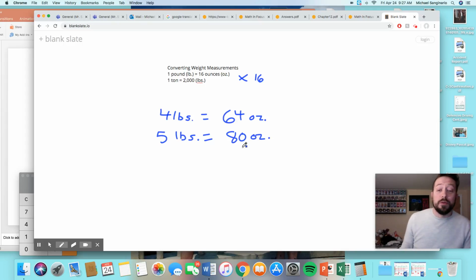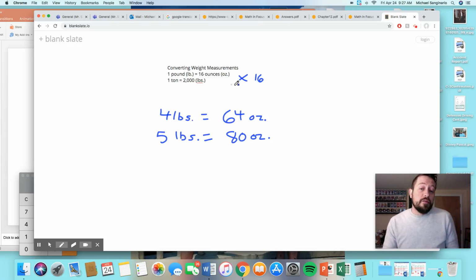Now, if I want to go the opposite direction, say I have a certain amount of ounces, and I want to go to pounds, instead of multiplying, what you do is you will divide. You will divide by 16, okay? Again, you can use your calculator for this. So, say I had 112 ounces, okay?